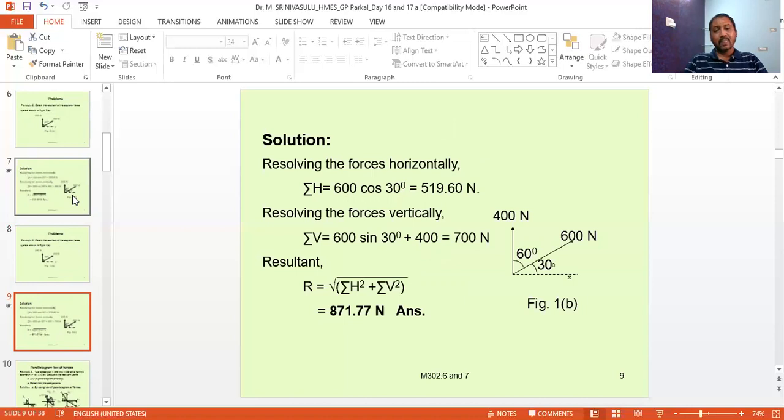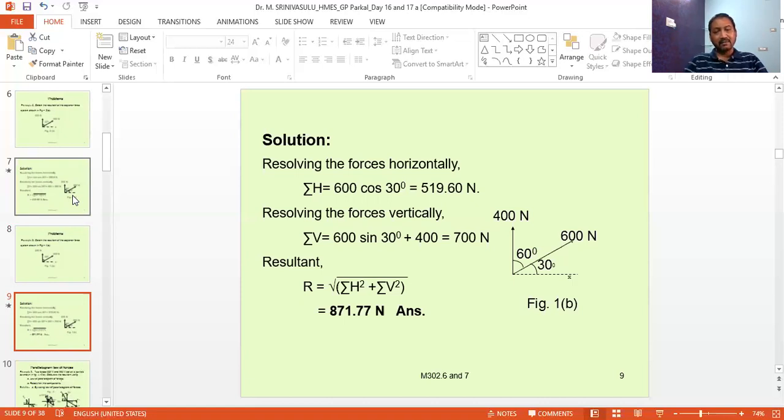Then by resolving the forces horizontally and vertically, we can find the resultant of the given force. First, resolving the forces horizontally, that is nothing but the algebraic sum of the horizontal components of all the forces.